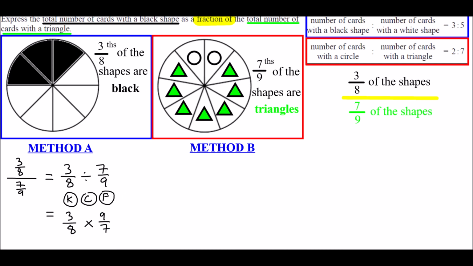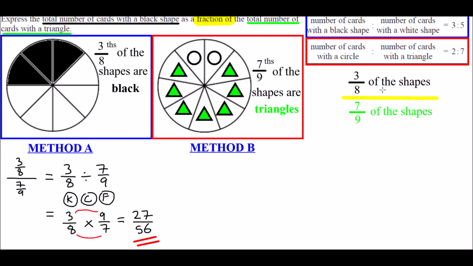We now multiply the tops together and then multiply the bottoms together. So 3 times 9 gives us 27, and 8 times 7 gives us 56. And that is our final answer. However, like I said before, it might not be a method you like, so I'll show you method B.